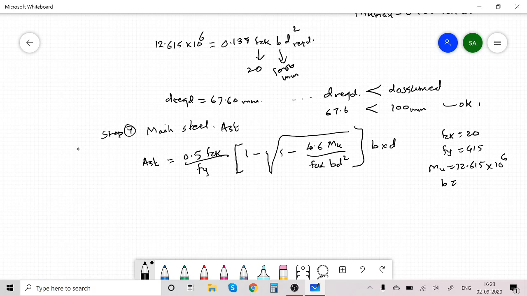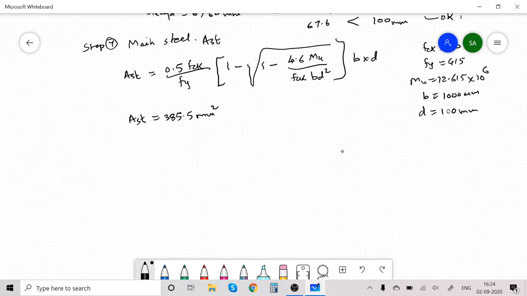B is 1000 and small d, that is the depth that we are going to provide considering the deflection criteria in step number 2, that we assume, that is small d is 100 mm. So substitute these values and find AST. You will get the AST as 385.5 mm square.